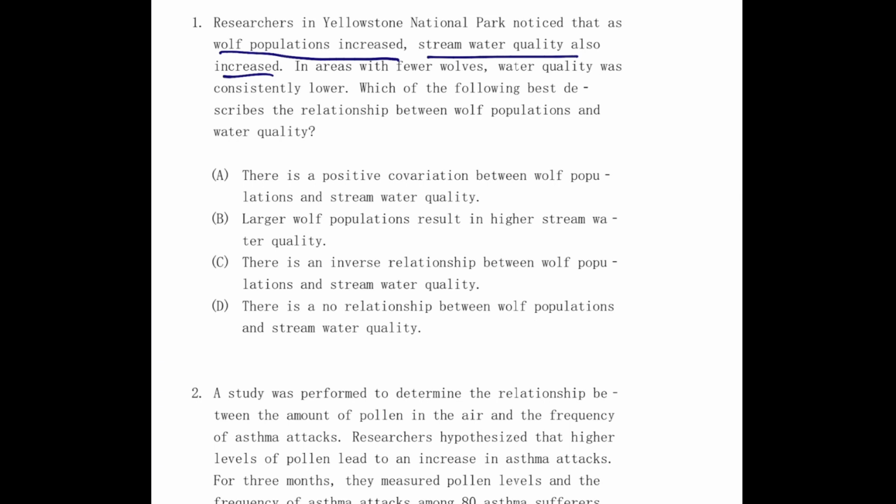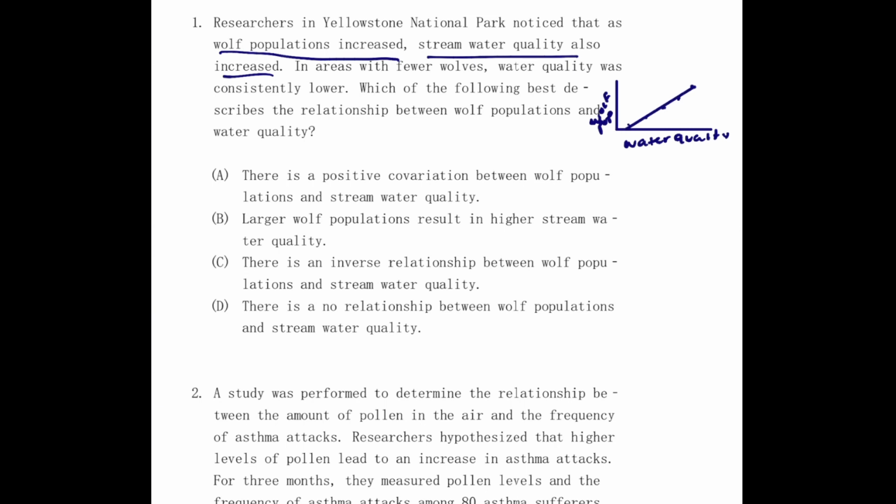And as wolves decrease, the water quality decreases. So this means that there is a positive correlation between the wolf population and the water quality. And we can see this by drawing a graph, which would look like this, which would show a positive correlation.